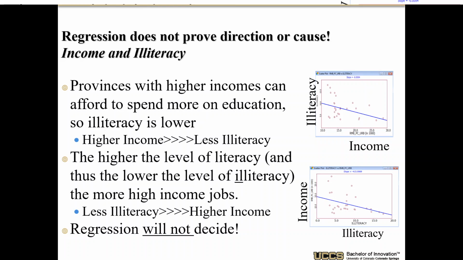So if I were to look at that provinces with higher income can afford to spend more on education, so literacy is lower. Higher income suggests less literacy, less illiteracy, sorry, or higher levels of illiteracy and thus the lower levels of illiteracy, the more high income jobs, so less literacy relates to higher income, right?